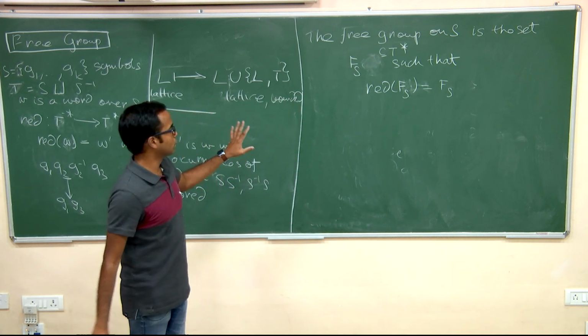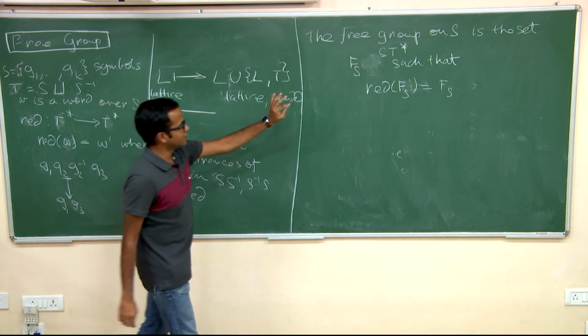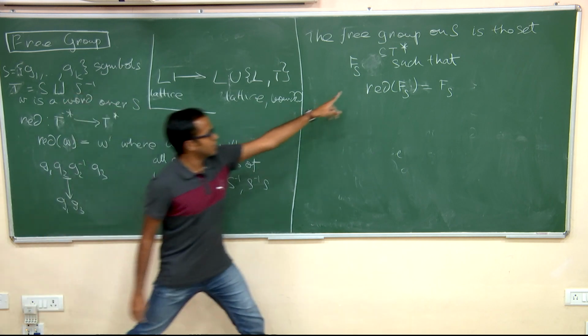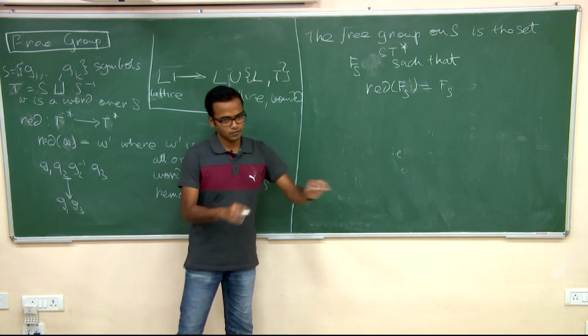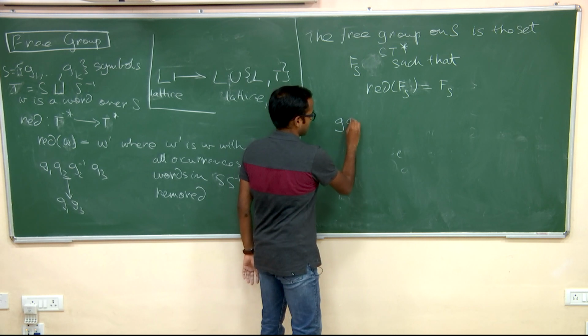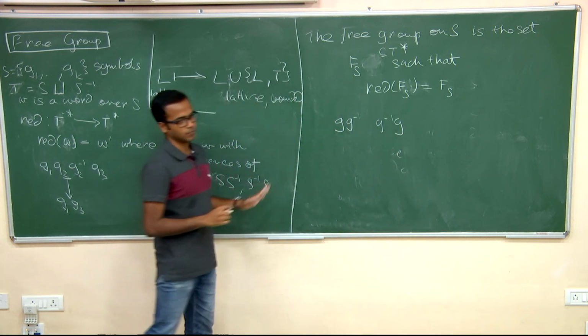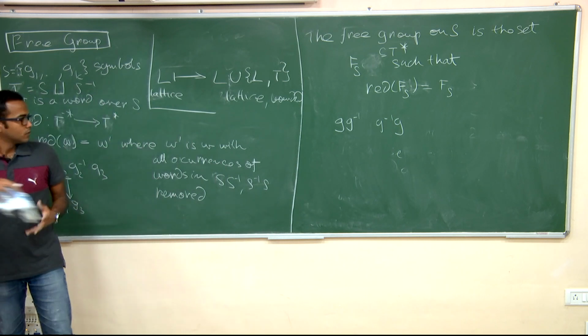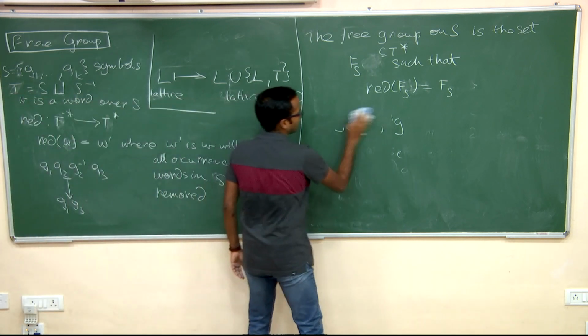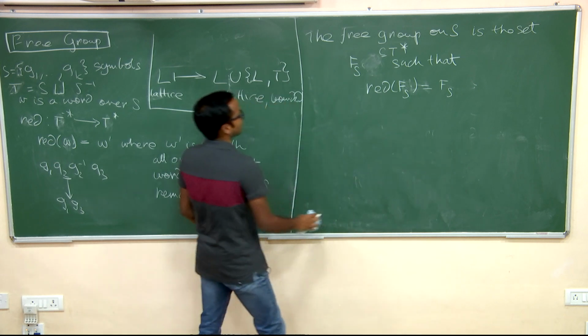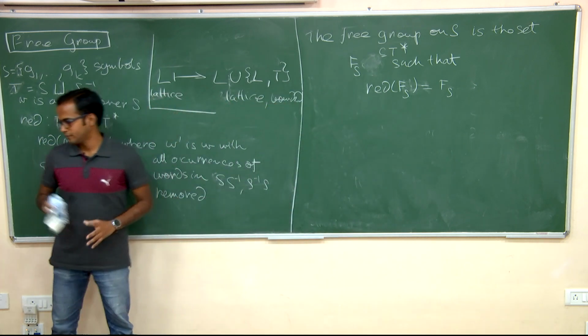So it's all words. Basically, it's all words over T that do not have something like this or this in them. Okay. It's just that.